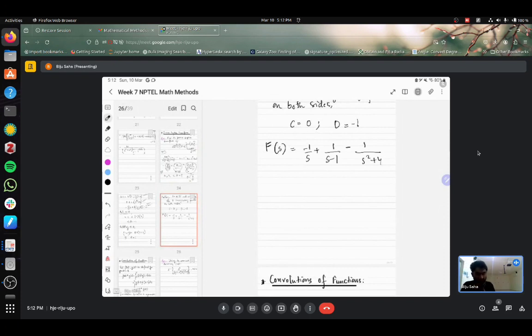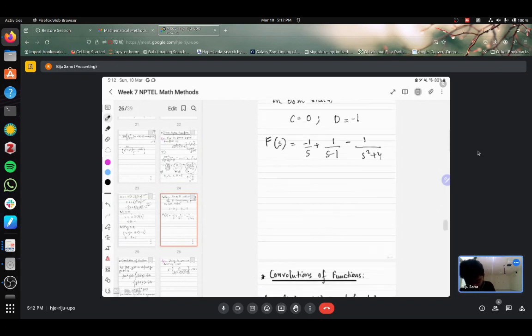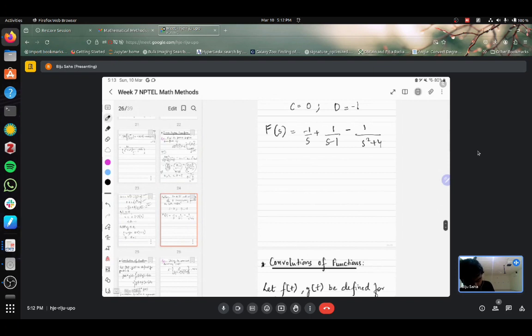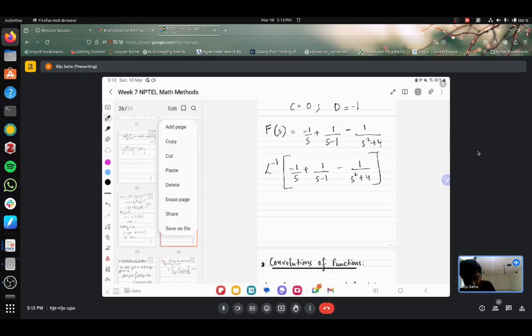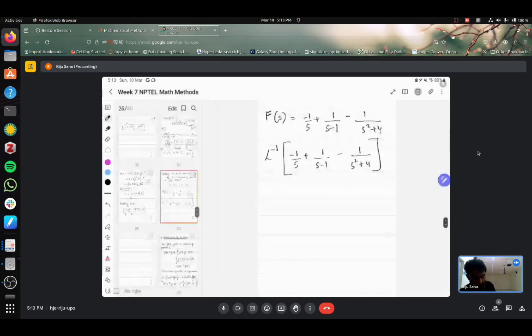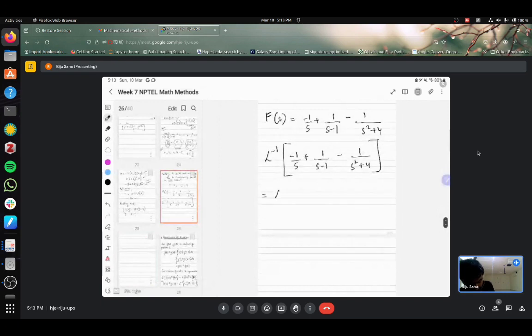So you have split it into different fractions. Now you perform the inverse Laplace transform on this. That is L inverse of minus 1 by s. Just like your Laplace transform operation was linear, this operation is also linear.